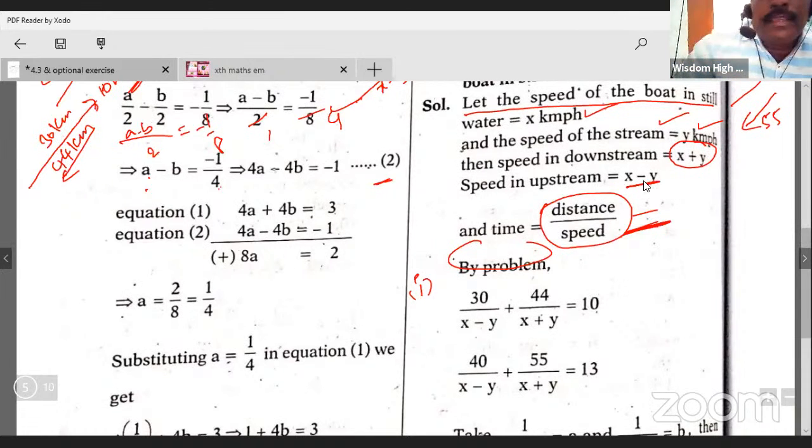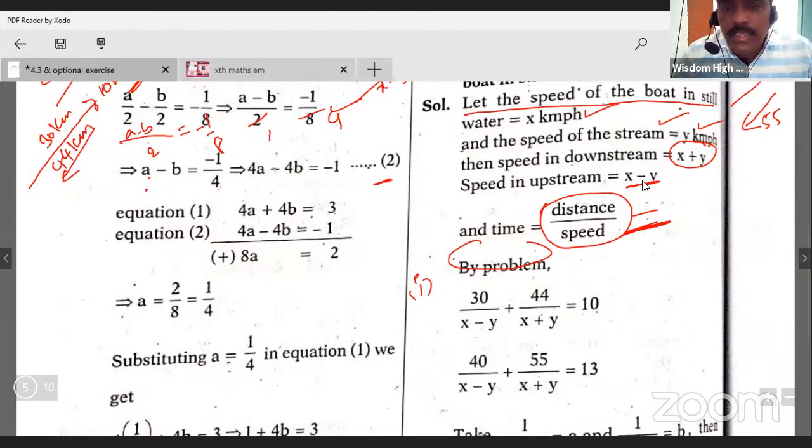What is the speed upstream? X minus y. Listen carefully. In the first case, 30 kilometers upstream, the distance is 30 and the speed is x minus y, and downstream 44 kilometers it traveled, where the speed will be increased. That is in total 10 hours.